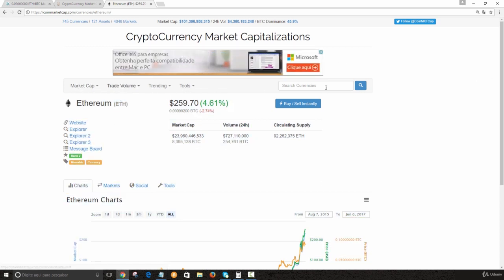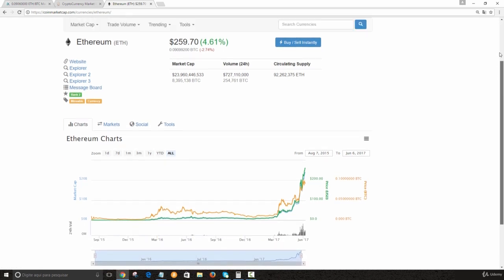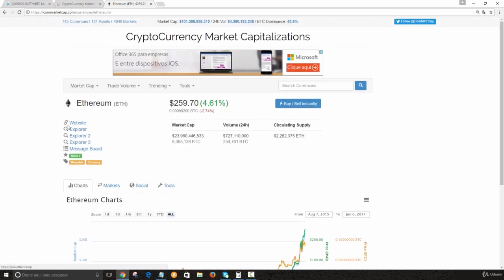From here, if you look down, you'll see the most important information on this currency. This is the website's menu. So let's go. The specific information: market cap, how much volume do you have in circulation? How much in terms of money has been invested in this particular currency? Looking at Ethereum, how much is invested in Ethereum. It's a big number. More than 8,395 Bitcoins are circulating inside Ethereum.